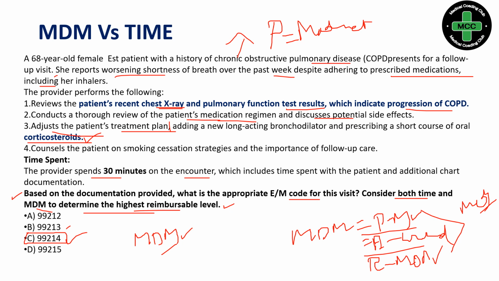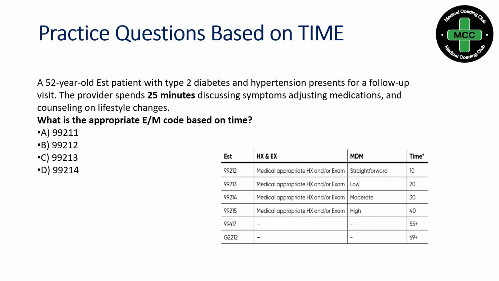Okay, I hope you have understood. So now we will see questions purely based on time. Okay, so it is very easy. As they are asking based on time, just see the total time and take the E/M level. Okay, so a 50-year-old established patient with type 2 diabetes and hypertension presents for a follow-up visit.